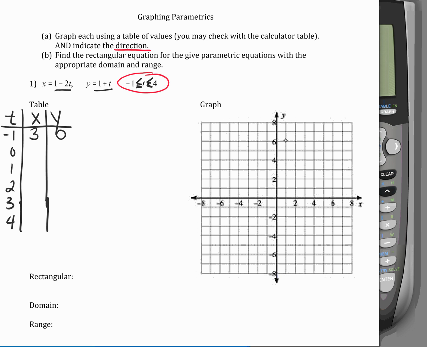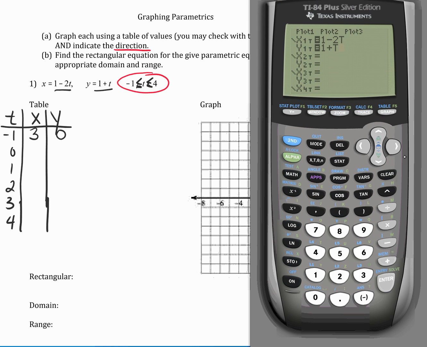If you want to make that process go a little quicker, now that we have our 2 equations in, if you hit second graph, you can scroll. I happen to be in a perfect spot in my table, but let's say we weren't. Scroll until you get that starting number that you chose or that was chosen for you to be right on the top.